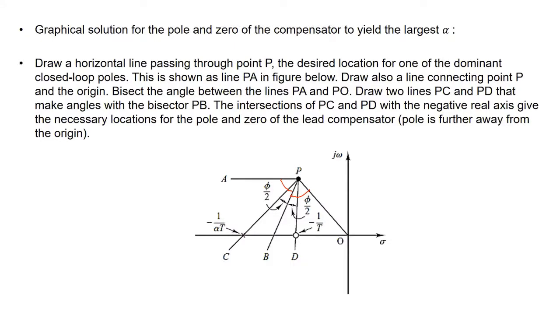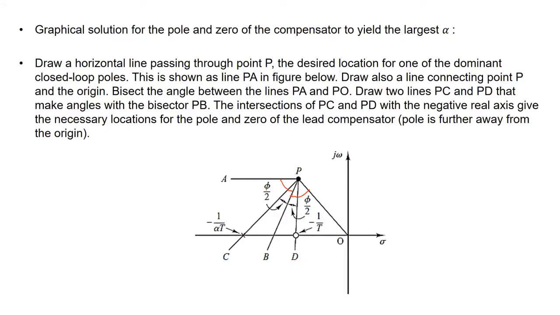Wherever line PC cuts the negative real axis, that is going to be the location of the pole. Wherever the line PD cuts the negative real axis, that would be the location of the zero. Okay, so negative 1 over t and negative 1 over alpha t, the zero and pole of this compensator. And so that should give us t and alpha.